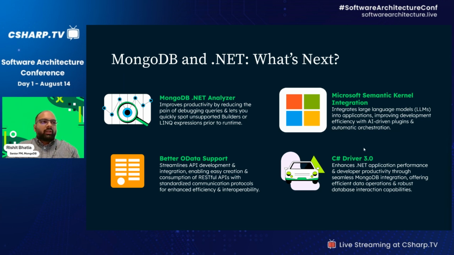The next one that I think a lot of folks will be intrigued about is our Semantic Kernel integration. So if you are interested in building GenAI applications, then you have the MongoDB memory connector, which allows you to store your vector embeddings alongside your data. So you can use Atlas to store all the data you already have with the vector embeddings.